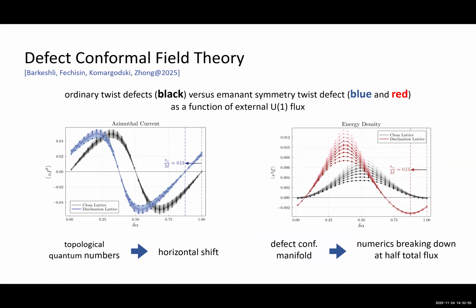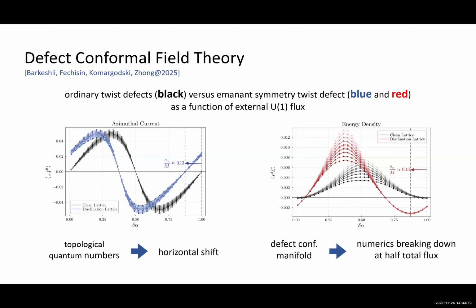So here we also try to identify this horizontal shift caused by these topological quantum numbers, and our strategy is not to look at one point only, as we always have the risk that the total flux is close or equal to 1/2.